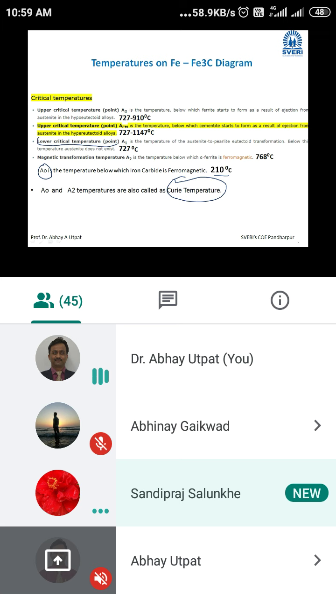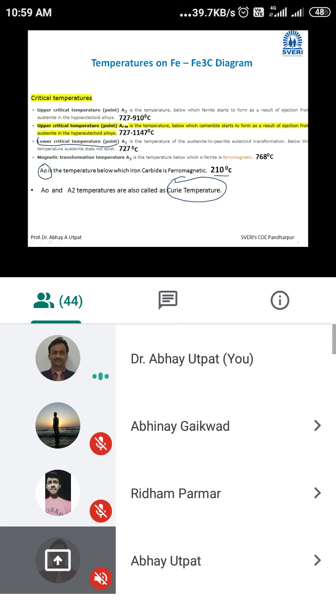So Curie temperature is the temperature at which a ferromagnetic substance is converted into a paramagnetic substance and loses its magnetic properties. So cementite loses properties at 210, but ferrite still has them. If you go on heating to 768 degrees Celsius, ferrite loses the properties. Above 768 degrees Celsius, your steel will lose complete magnetic properties.